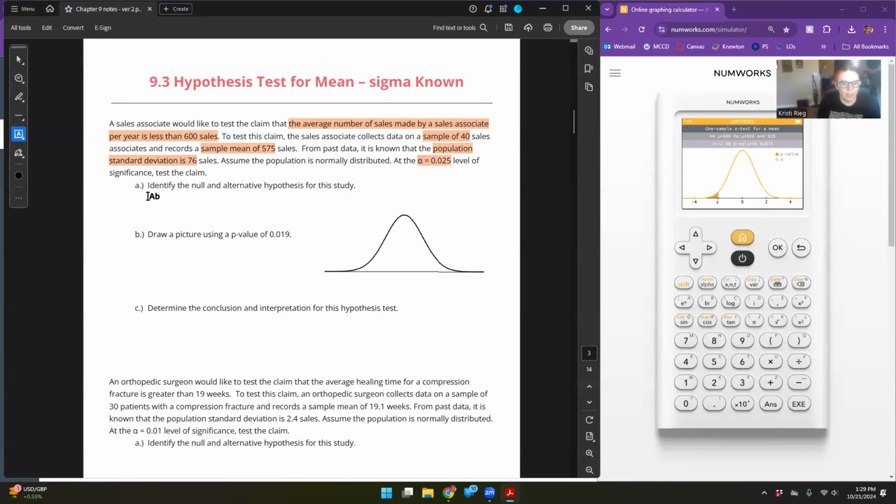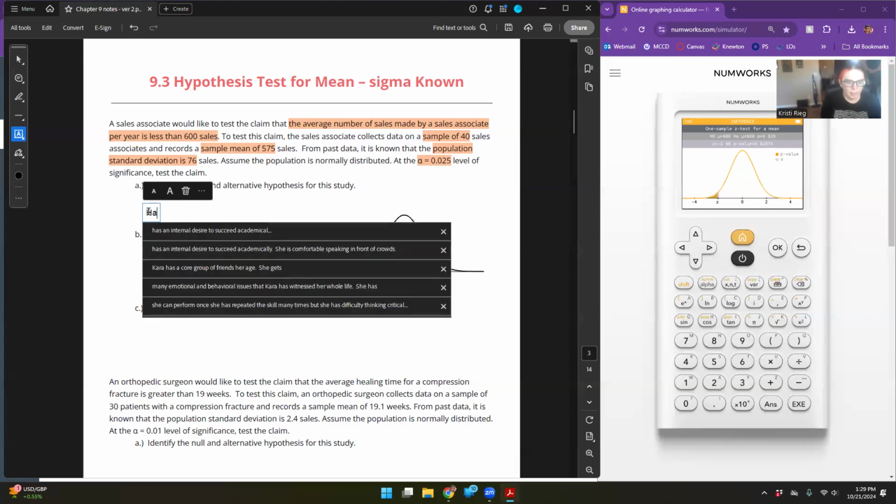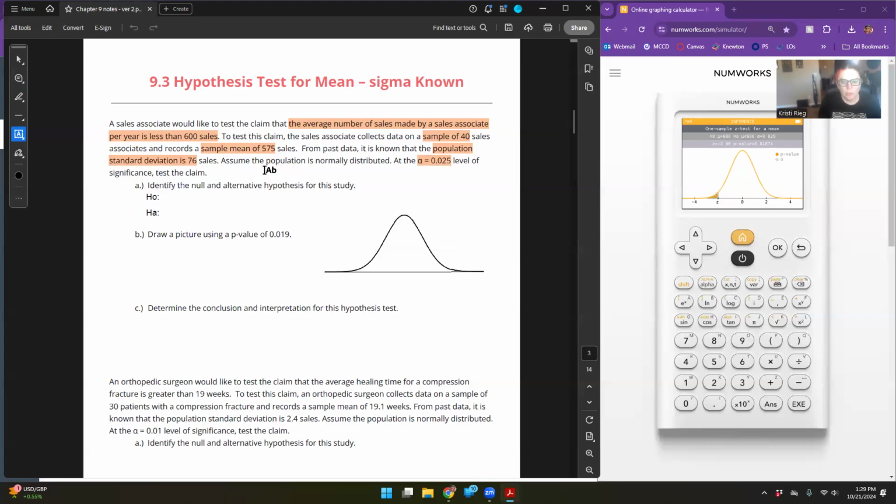So identify the null and alternative. So we have our null and our alternative, and our null is going to be, first of all, we're talking about mean. This whole section, we're talking about mean. So we have our mu for both of them.